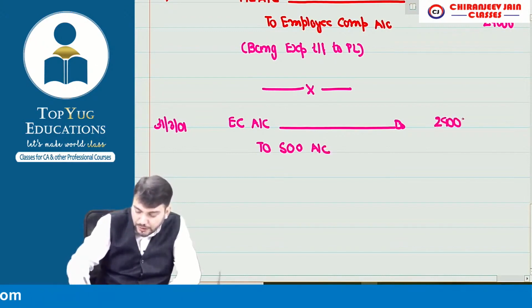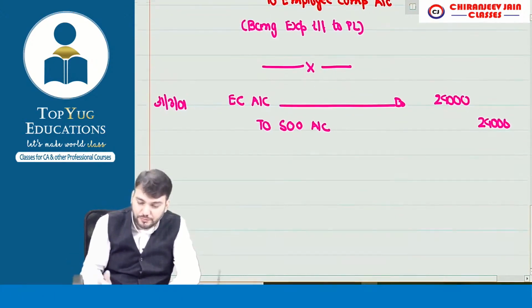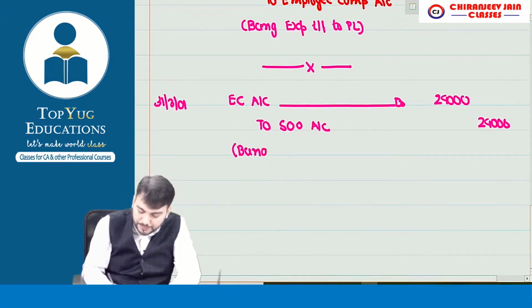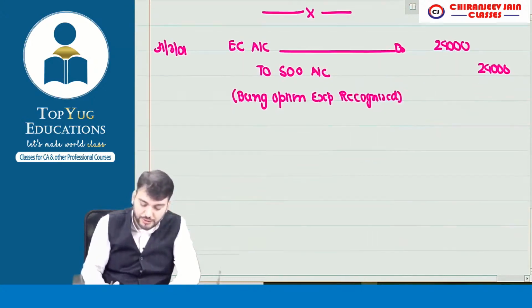Once again 24,000. Correct? Being option expense recognized.